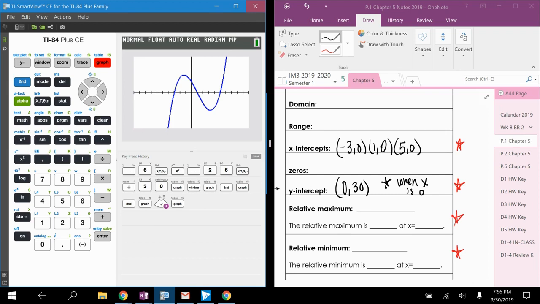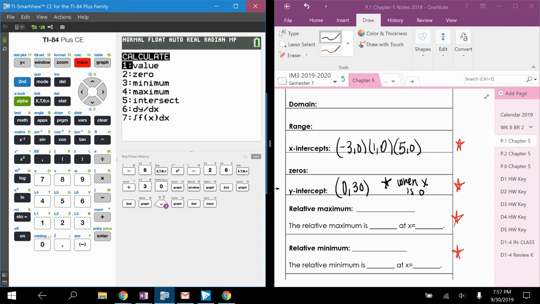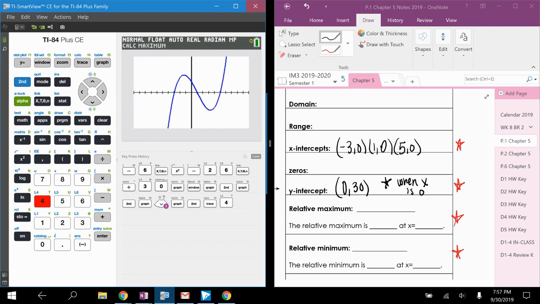When we press graph, we can see the whole picture here, and we're going to find our relative max. Remember, you have to press second, the blue button, then trace, and that's going to allow us to find our relative max value. So we press 4 for max. It asks you for the left bound.